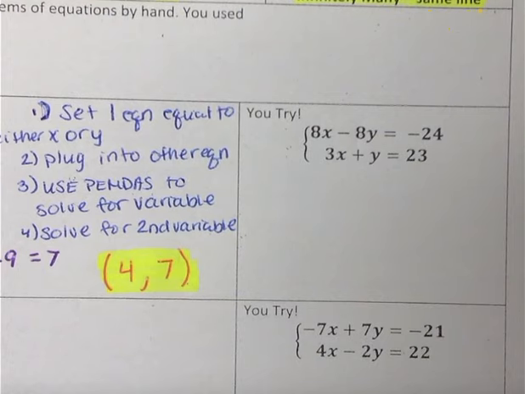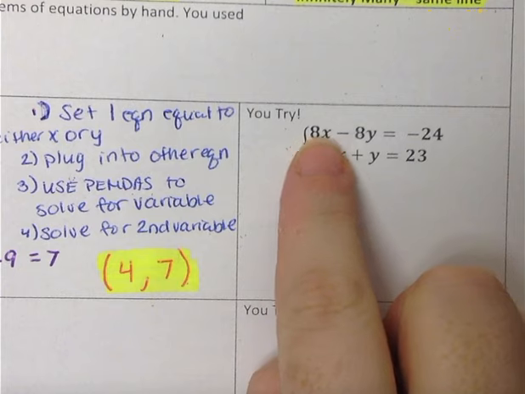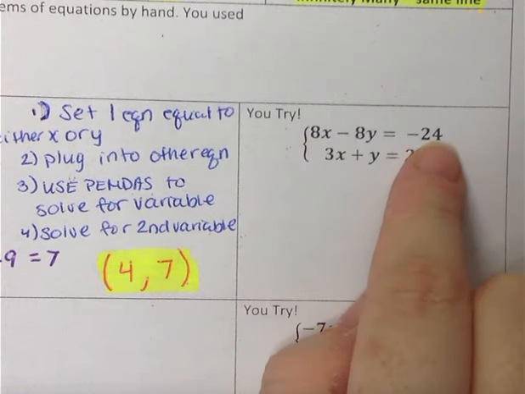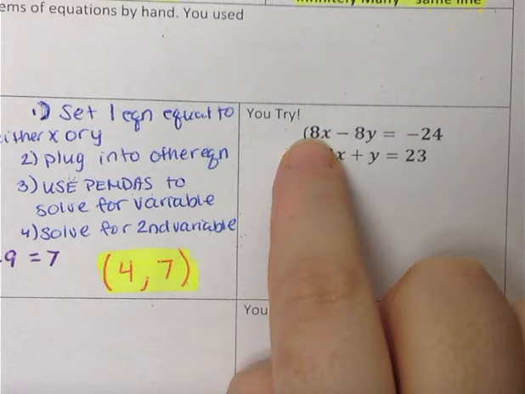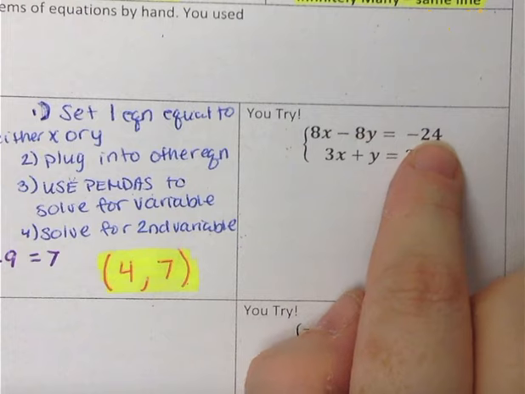The easiest way to determine which one to use is look at what you would have to divide by. If you can divide everything in that equation by the number on the variable, then you can do this one quite easily. So I could solve the first equation for x because I can divide each part of this by 8.